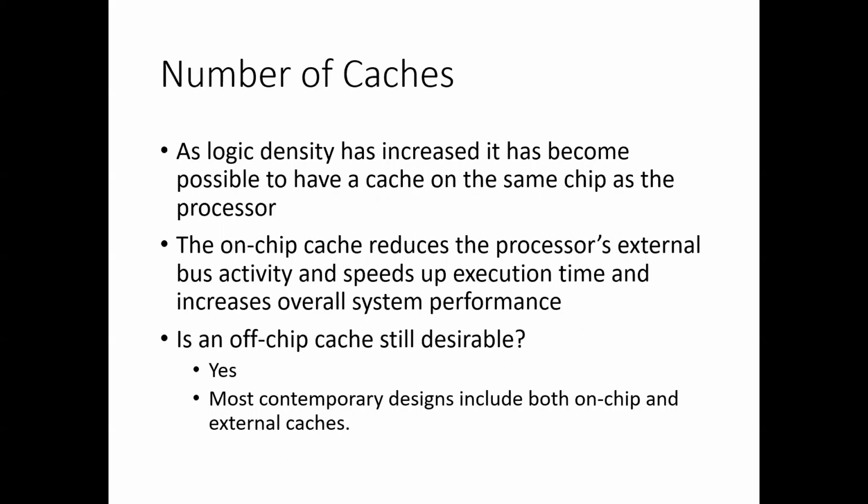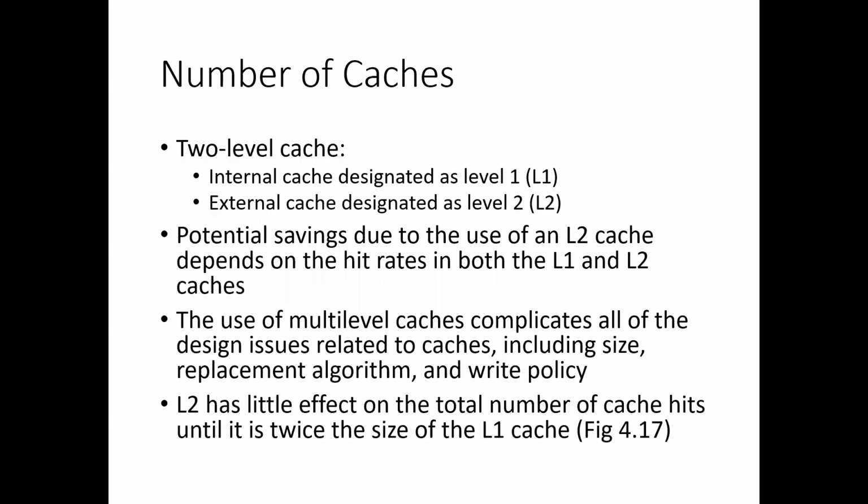The final consideration is the number of caches. It's become possible to have a cache on the same chip as the processor, in fact a couple different levels. The on-chip cache reduces the processor's external bus activity and speeds up execution time. Do you still want off-chip cache? Yeah, definitely. Most contemporary designs include both on-chip and external caches, as we saw in the ARM architecture.